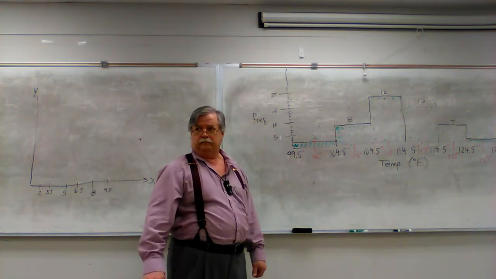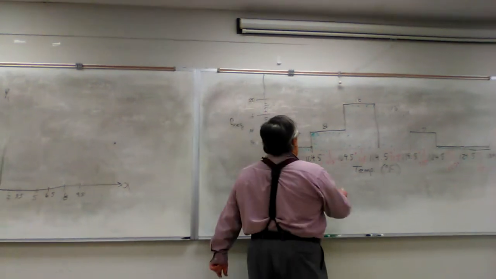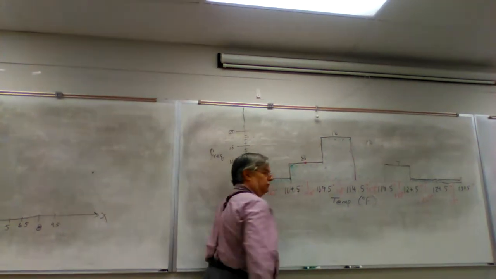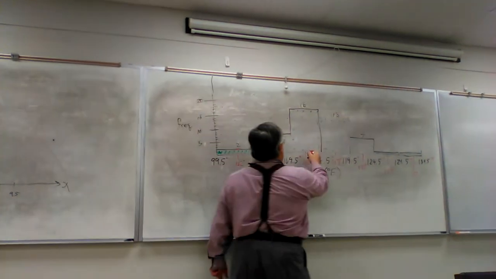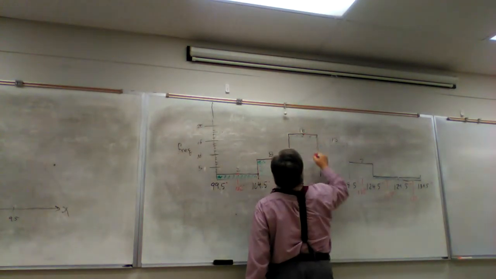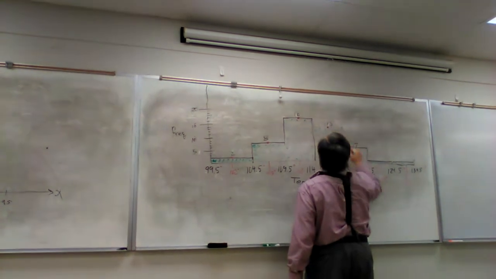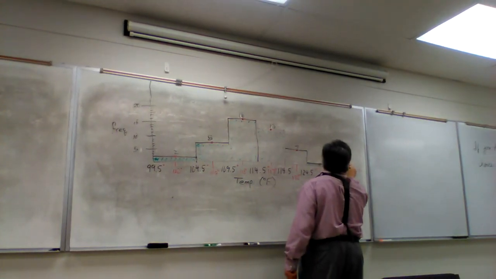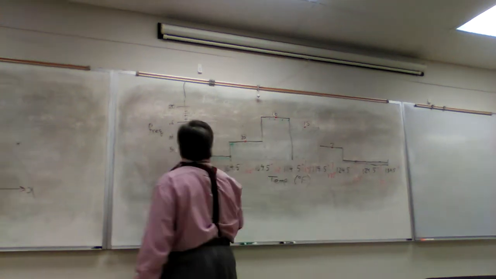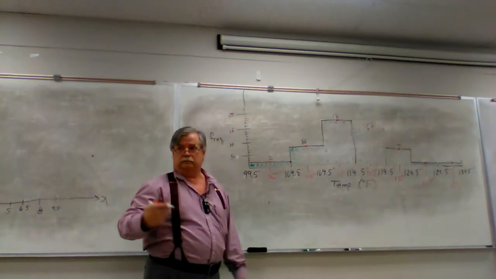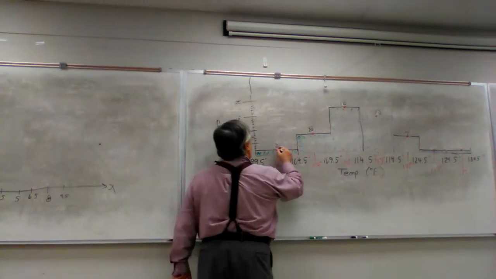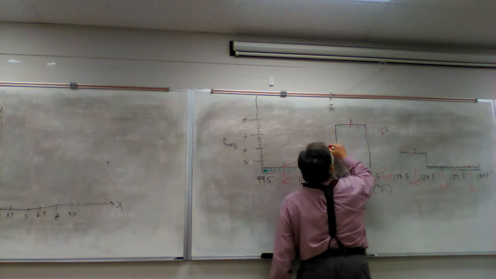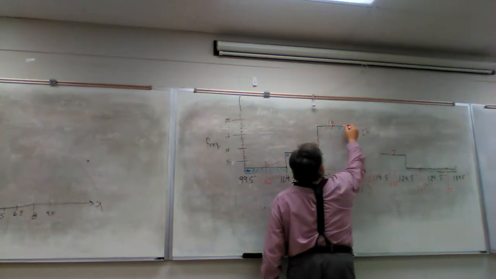And here we plot a point at 8 over 107. And we plot those data points at each midpoint. And then plot our frequency. Draw straight lines from point to point.